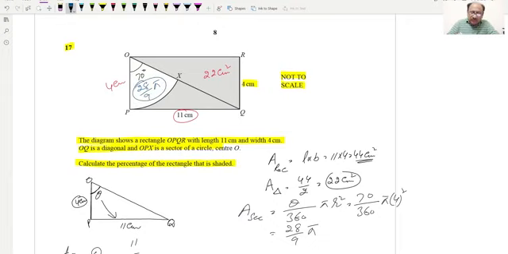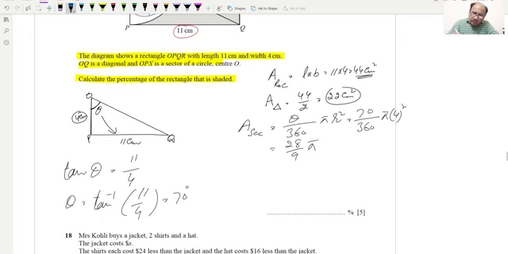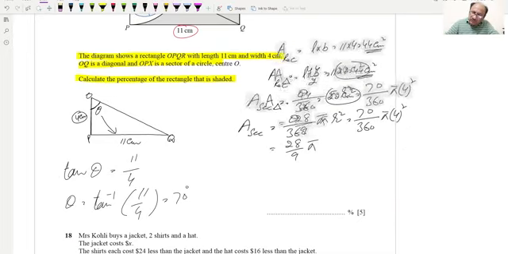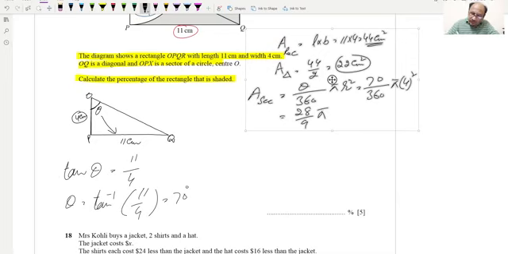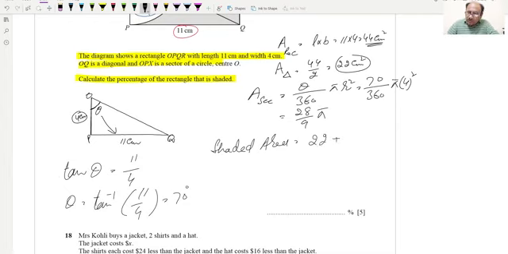This area we will subtract from the area of the triangle, which is 22. So now we can write the shaded area. The shaded area will be equal to 22, which is the area of one triangle, and from the other triangle's area of 22 we have to subtract 28 over 9 pi.